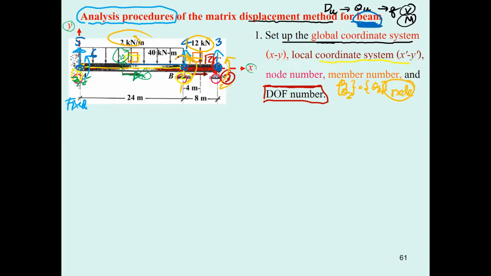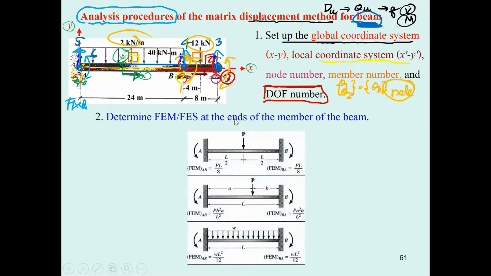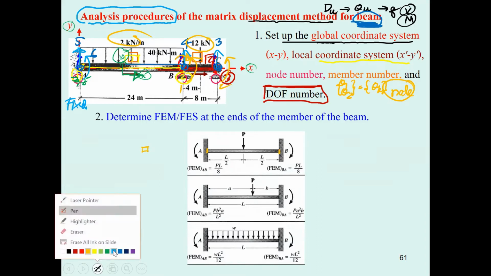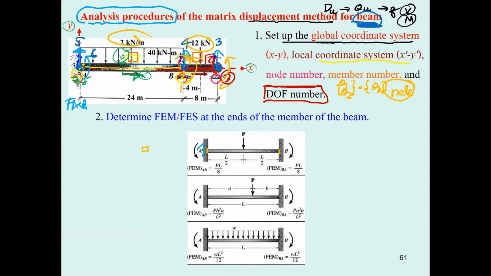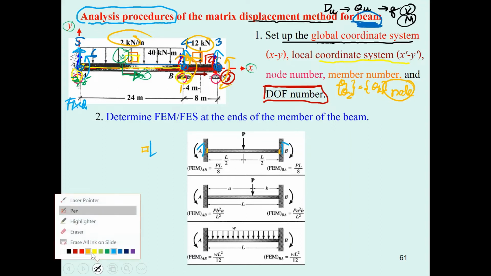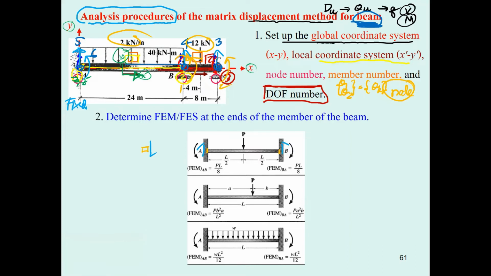So we set the fixed end moment and fixed end shear and use them as the basis, because fixed end moment and fixed end shear occur at the end of the member. Later, you use Newton's third law: the fixed end shear will apply to the node in this way, and the fixed end moment will apply to the node in the opposite direction.